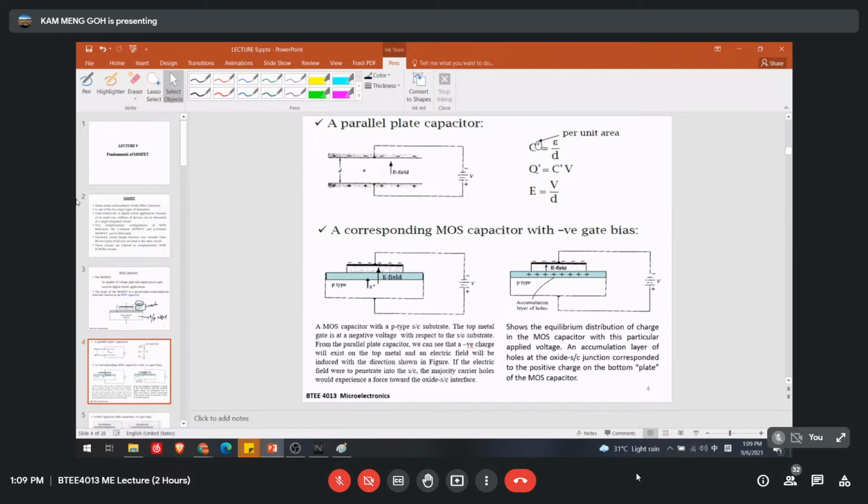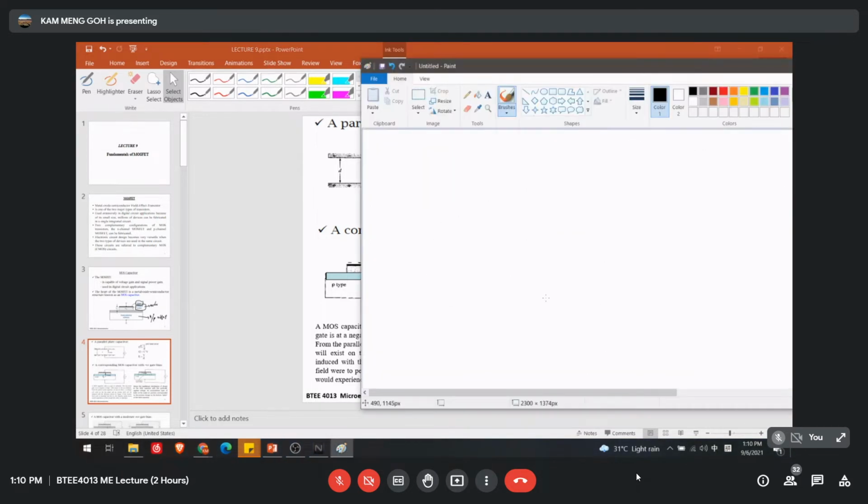Normally when we have parallel layers, as long as there's a positive and a negative, there will be capacitance. This one we learned before. But what happened in the MOS capacitor? Imagine this one is the metal layer outside, and this one is the P-type.